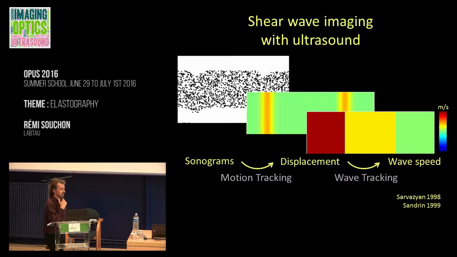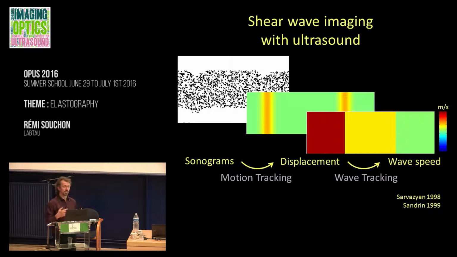If I push in the center of this region, I will have two shear waves diverging on both sides. And you can actually see them by eye. I've also largely exaggerated the motion. In typical experiments, it's less than 10 microns. But here, for the sake of clarity, so that you can see it and do speckle tracking by eye, it's largely exaggerated.